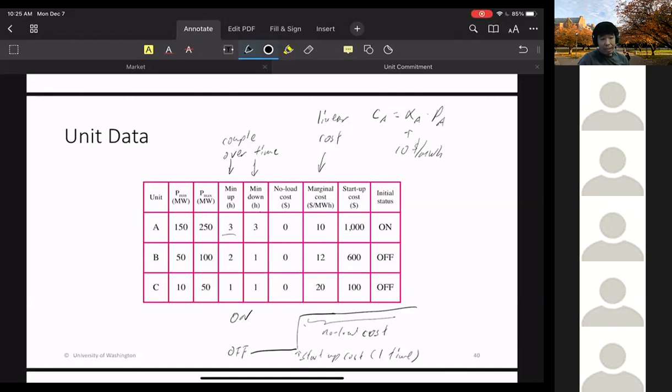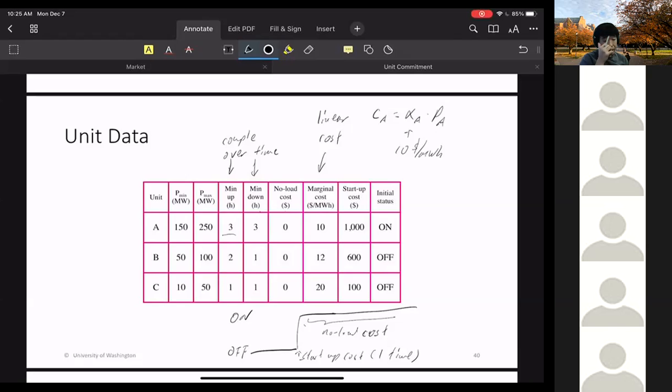But that depends on what the no load cost is. Sometimes the best choice is to leave a generator on and generate very little power. Here the no load cost is 0 for this particular case.